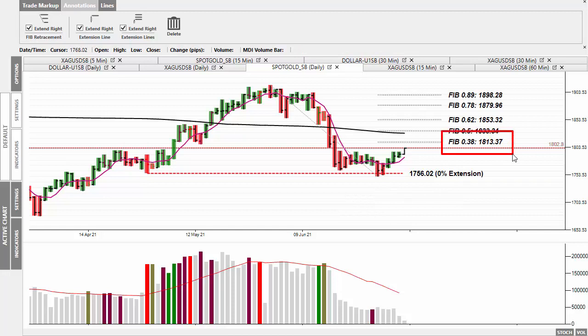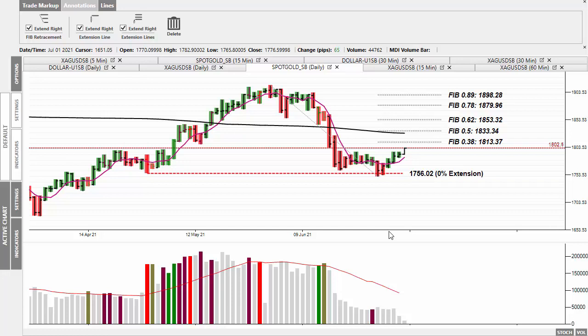We're heading towards the 38% retracement. At 50%, which isn't a fib number but is a useful number, we've got the 200 MA as well, so a bit of resistance to overcome for the gold price should it continue to move to the upside.